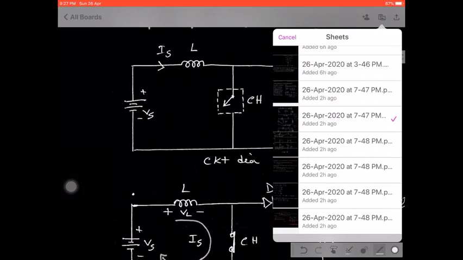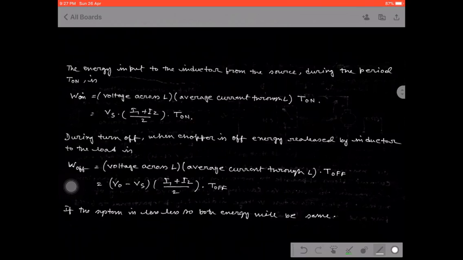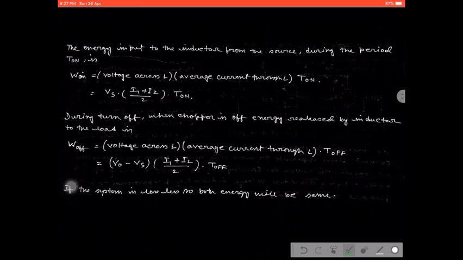So we can say the energy stored during on time: when the switch was on, there is no relation between source and load, so the total voltage appearing across the inductor is only Vs, and the inductor average current is (I1 + I2)/2 during time T1. This is the expression for the energy stored during on time.